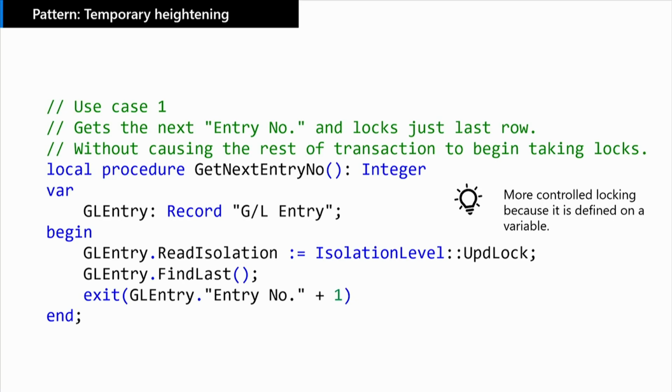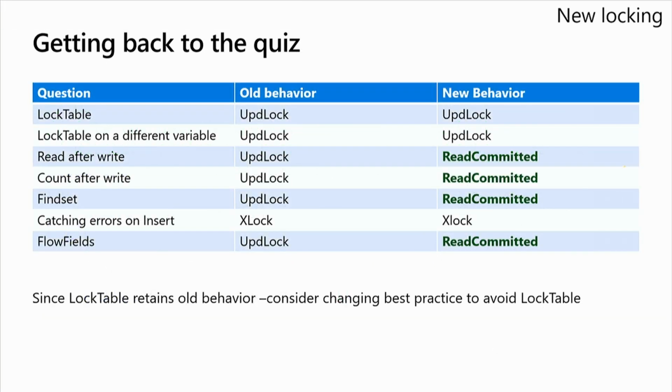So if you're, for example, writing event subscribers that have to do this kind of thing, we really recommend you to use this pattern of temporary heightening. And if you think about it, there's also the opposite, right? Temporary lowering. Goes both ways. I would say it's better in pretty much all scenarios where you need to do it instead of log table, unless you really need what log table does, but it's very rare we found people who really want that. But if you need it, of course do it.